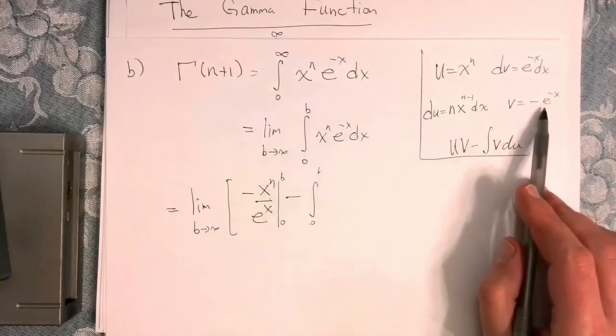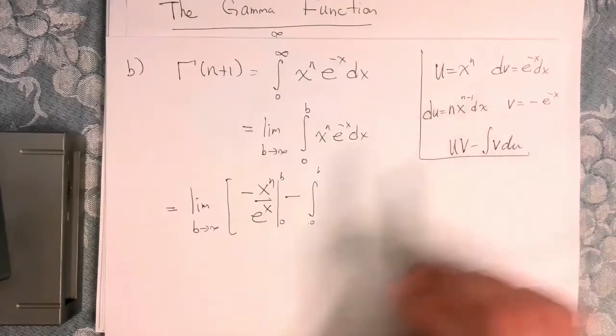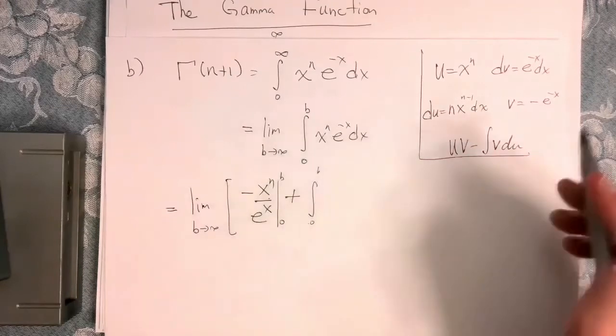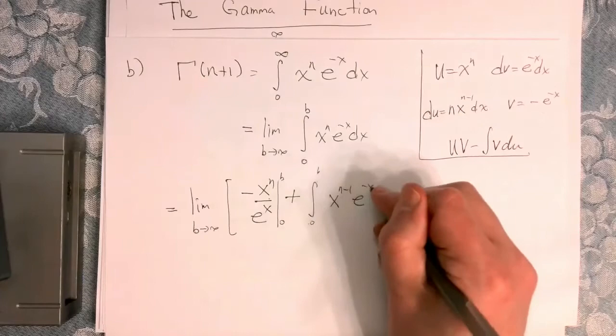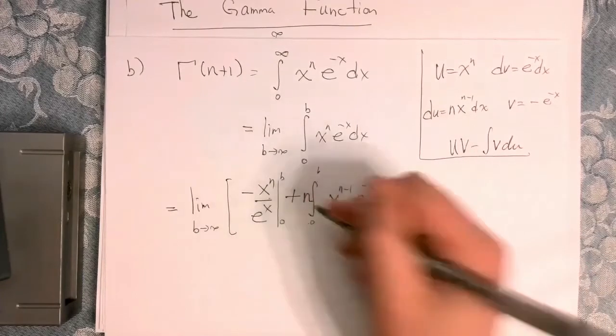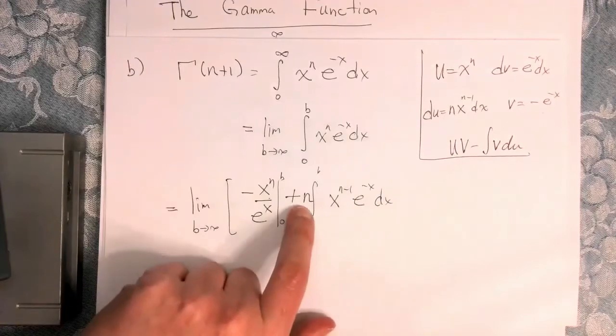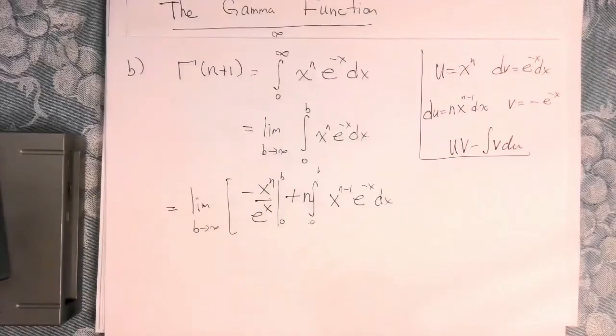So v du. So I'm going to write this in a particular way. So I'm going to have double negatives here for plus. So I'm going to have x to the n minus 1 e to the minus x dx, and that n I'm going to factor in front of the integral, because that's constant with respect to x. So constants can be factored out in front.